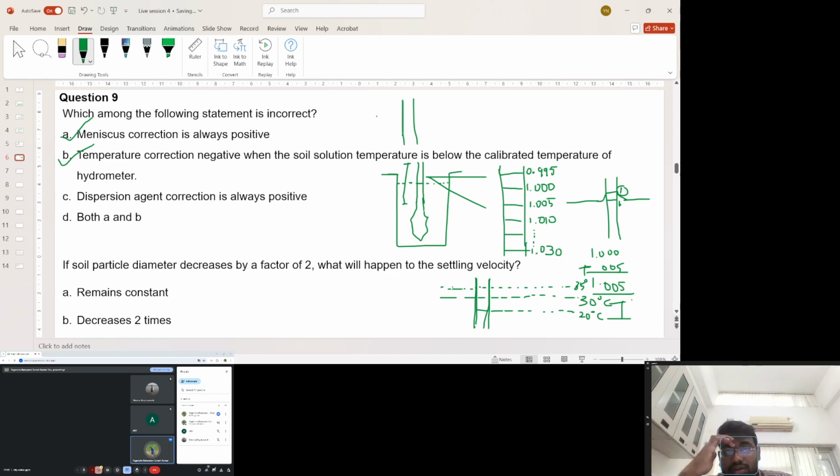Due to the increase in density, there will be a slight decrease in water level from the actual level. So in order to correct for that, we need to subtract the difference. So dispersion agent correction is always negative. So this option is incorrect. Our answer will be C. Dispersion agent correction is always positive, which is not the case.